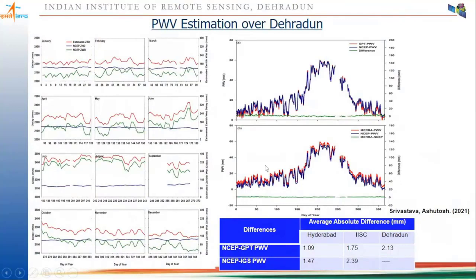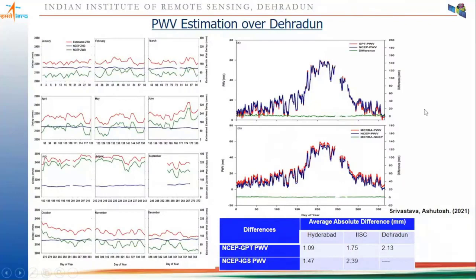On the right side, the PWV is around 60 mm. When we compare with other sources like the MERRA model, and GPT PWV and SIP PWV, there is almost 1 to 2 mm difference. In this table, for Hyderabad and IISc also, we can observe almost 1 to 2 mm difference.